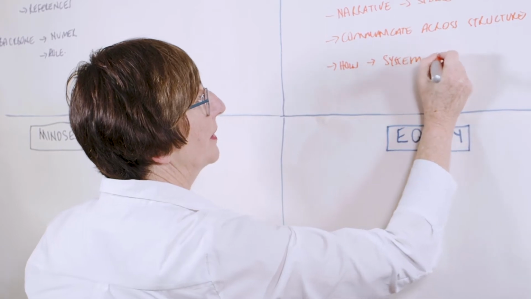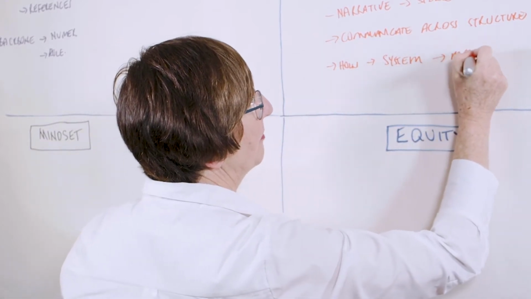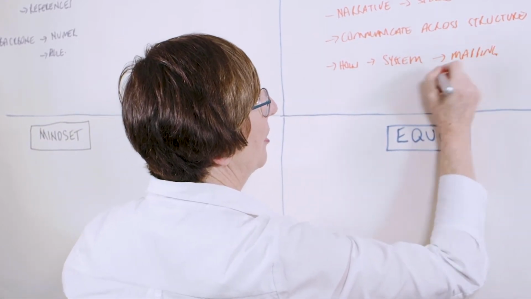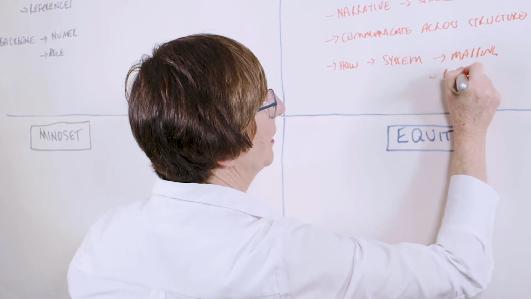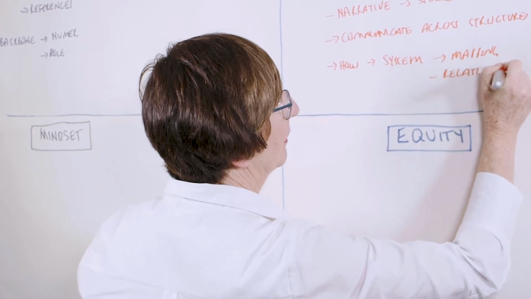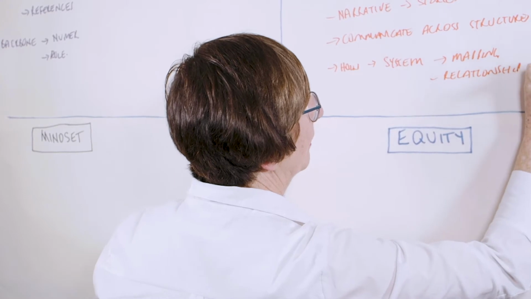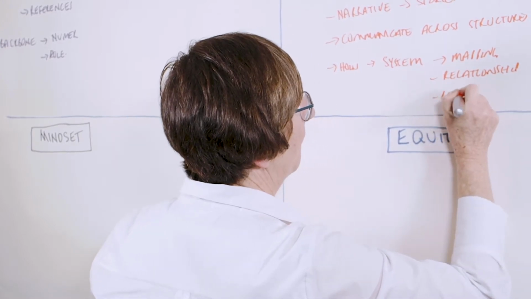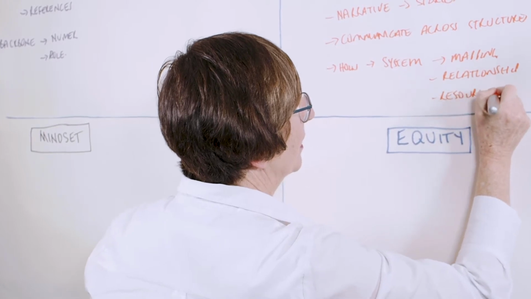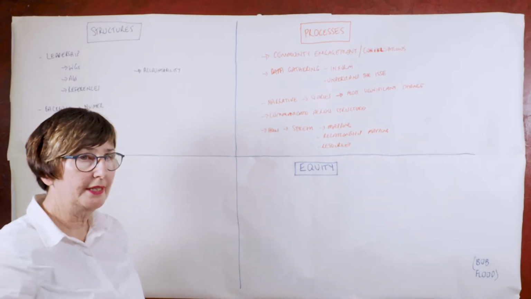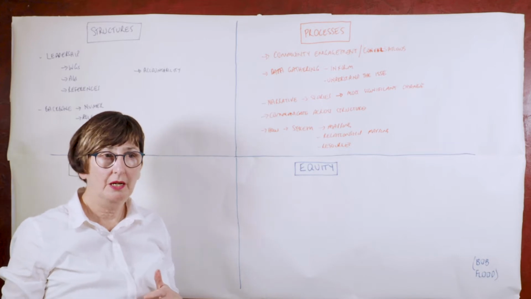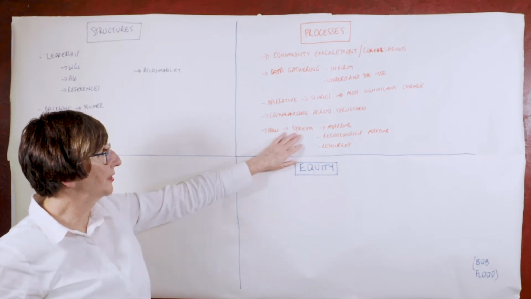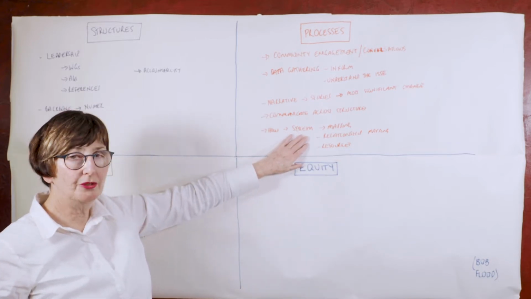So the processes that you might be looking at are systems mapping. You might be doing relationship mapping. You might be doing resource mapping. Some of the tools that you see in management textbooks, etc., you can use here.